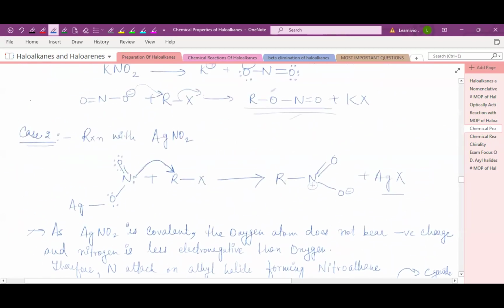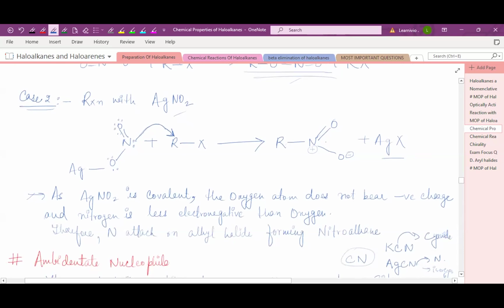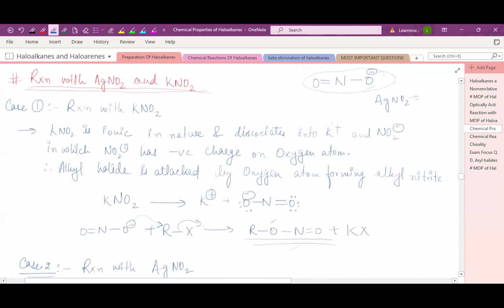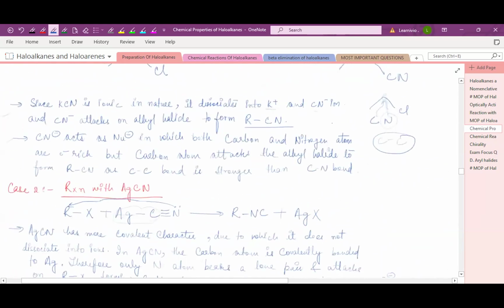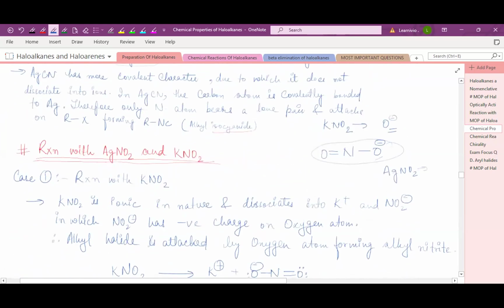Okay, so just remember when it is AgNO2, then the attack is from the nitrogen side and you will get a nitroalkane over here. So these four cases are very, very important. Okay, just revise it repeatedly and just know the reason.